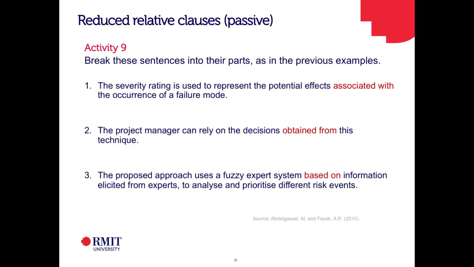In this activity, take each sentence and break it into its parts, inserting that is or that are and underlining the main clause as in the previous 2 examples. Pause the video now while you complete the activity. This will help you to start noticing these reduced relative clauses when you're reading.